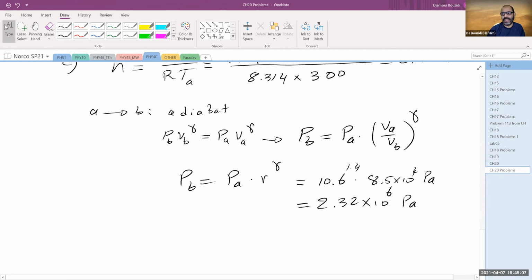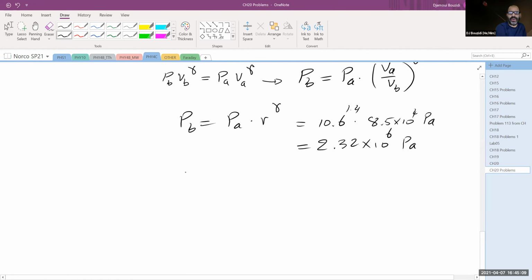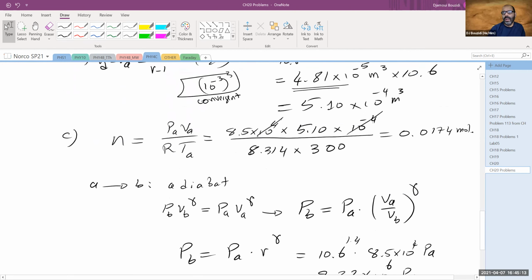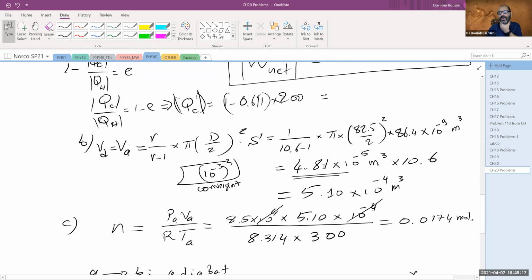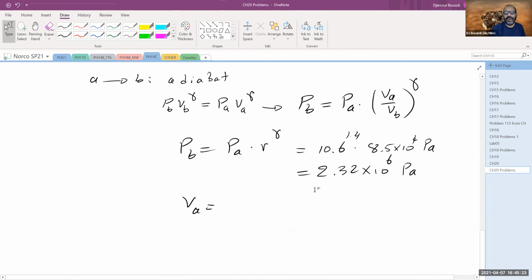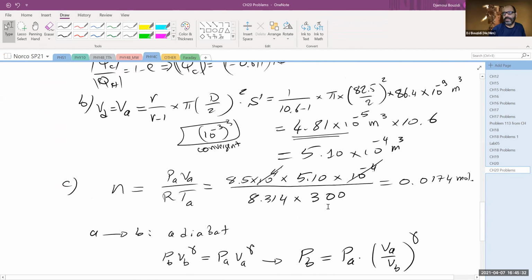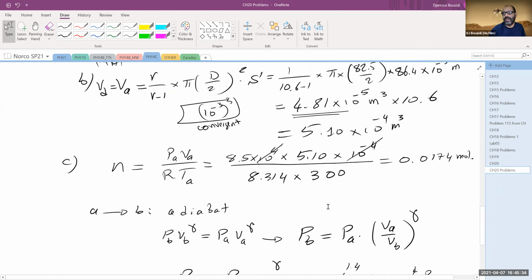Now we know what VA is. VA, we already calculated it, and VA is equal to this number, 4.81 times 10 to the negative 5. It's basically just the earlier volume divided by R, okay? It's 4.81 times 10 to the negative 5, I'm sorry.